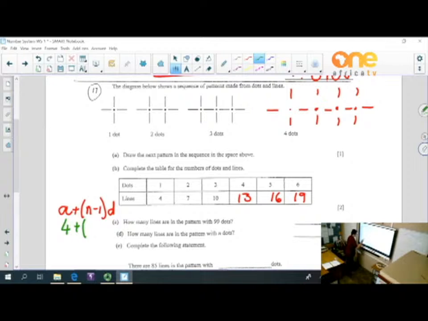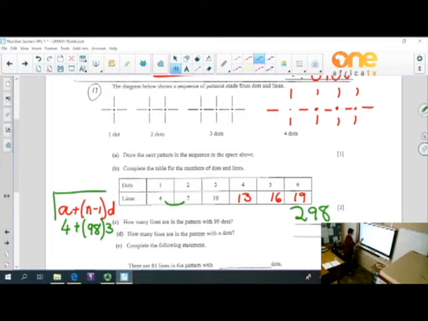So what is 99 minus 1? 98. And D stands for the common difference. So what is the difference every time here? 3. So if you substitute a 3 in there, and if we just do that calculation, I got 298. You see, that's much easier than sitting with error and trial on your calculator.